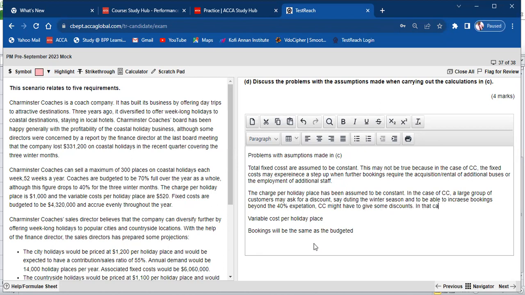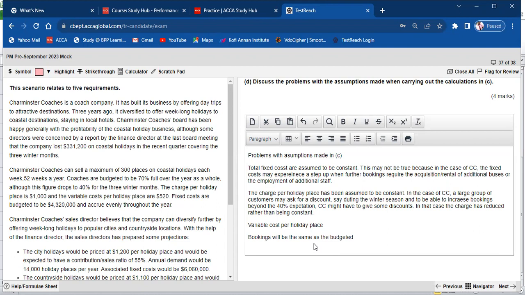In that case, the charge has reduced rather than being constant. So that's a limitation with the assumption. I did not just tell the examiner selling price per unit is expected to be constant, pouring out my knowledge. No, I answered the question in the context of CC coaches.